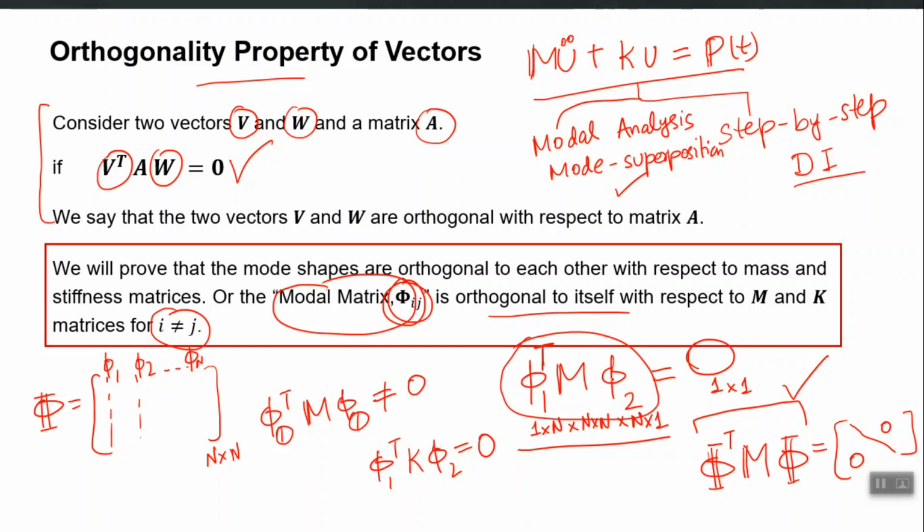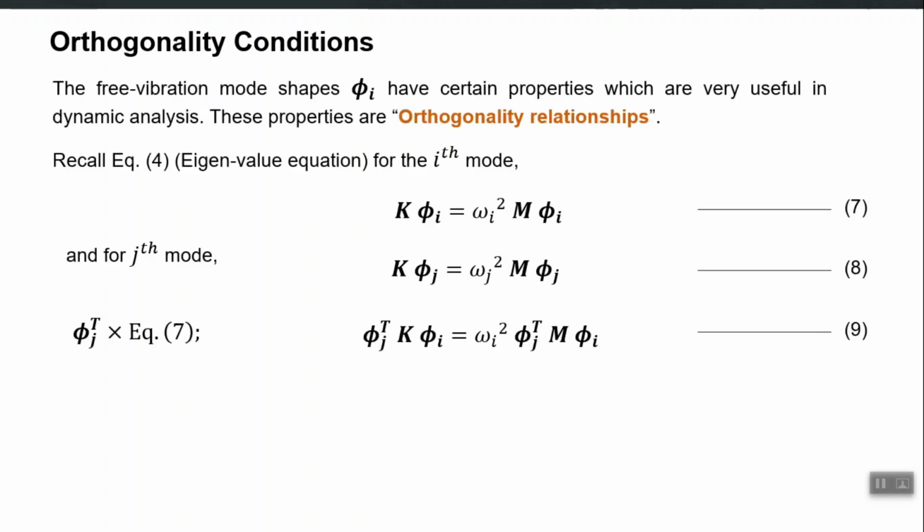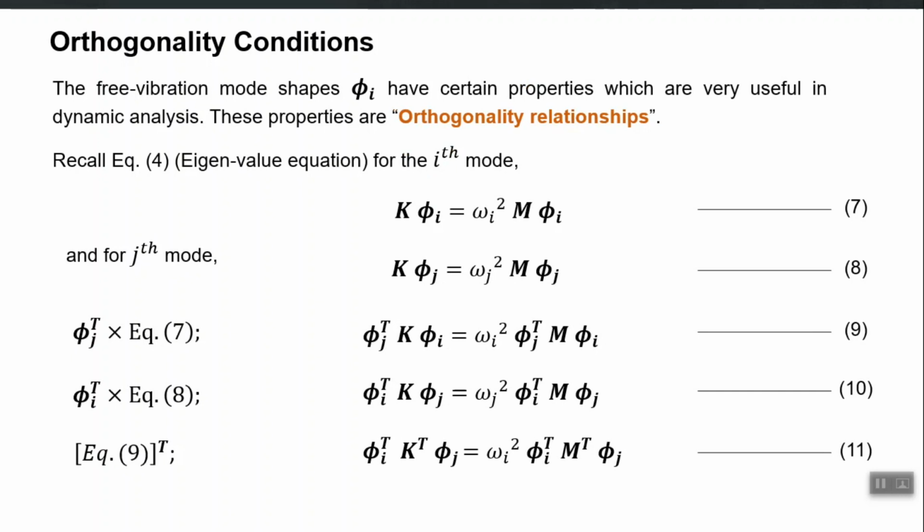But whenever two different mode shapes are being multiplied like this, the answer will always be 0. This statement is called modal orthogonality or the orthogonality property of mode shapes. So, let us derive these orthogonality relationships.